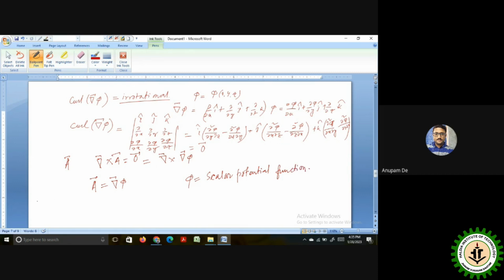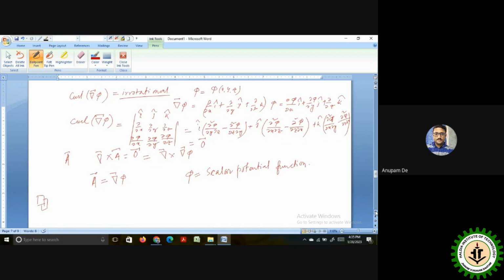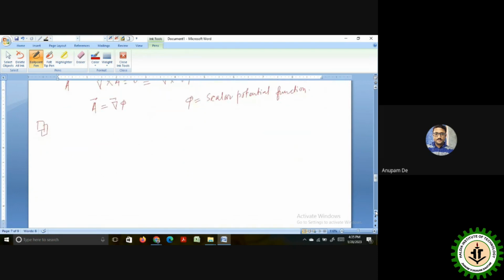Now from here, one kind of very specific question can be asked. You will be given the vector A. You may also see in the practice sheet that A is a vector, suppose A1 i plus A2 j plus A3 k.